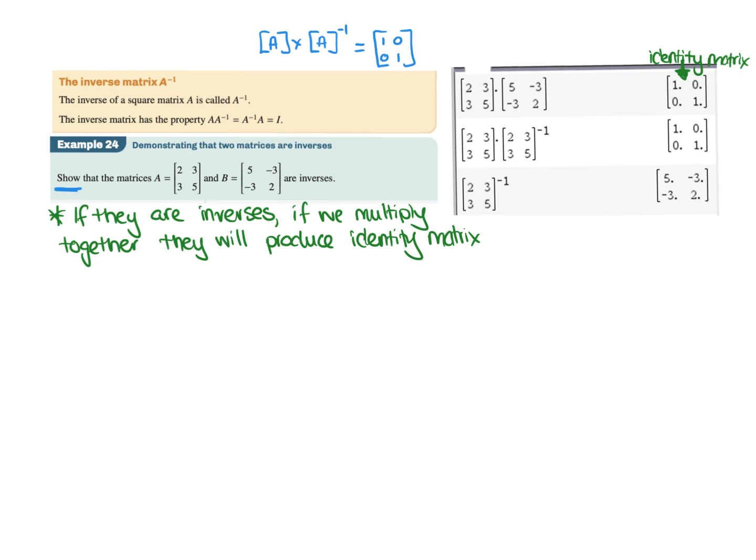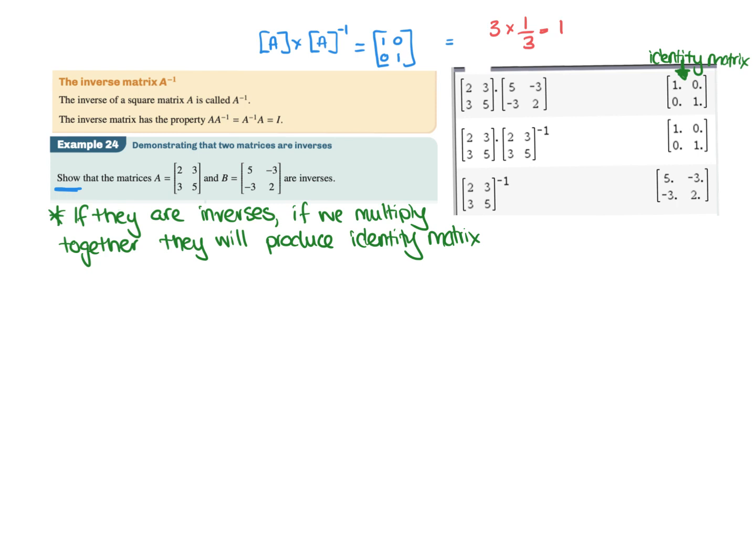That makes sense: if you had the number 3 and multiplied it by its inverse, which I said was like 1 over the number, you would end up with 1, because 3 over 3 is 1. So when you multiply a matrix by its inverse, you get the identity matrix.